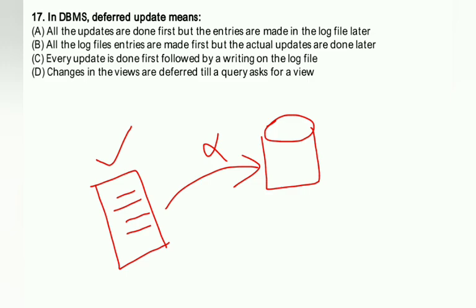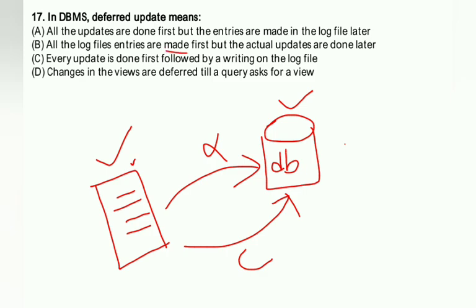Data changes recorded in the log file are applied to the database on commit operation. So after doing all the transactions, only on commit are we updating the database. Each transaction will be stored in a log file, then transferred to the database on commit operation. So the option is B.